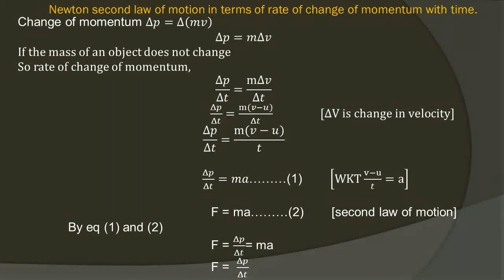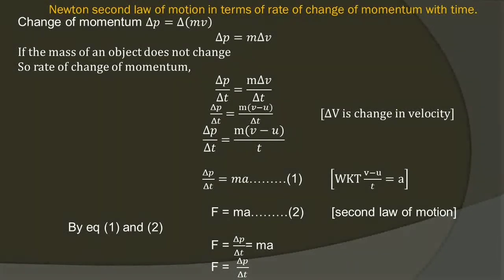Thus, Newton's second law of motion can be stated in terms of rate of change of momentum as follows: the rate of change of momentum of a body is directly proportional to the net external force applied on it, and the change in momentum takes place in the direction in which the force is applied. This statement is very important, and this derivation is also very important.